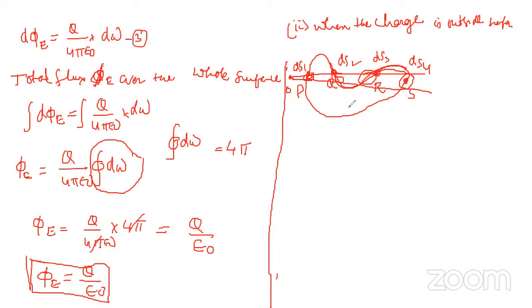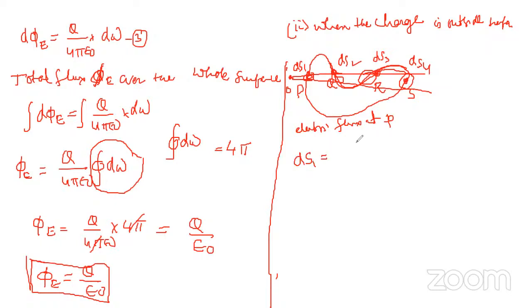Now we'll calculate the electric flux at all these points, and we'll add them so that we get the total flux. Now we'll take the electric flux at point P, that means at this point. This area we call dS1.